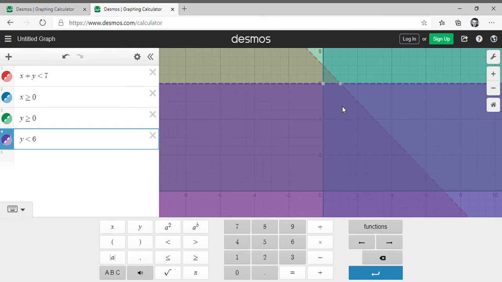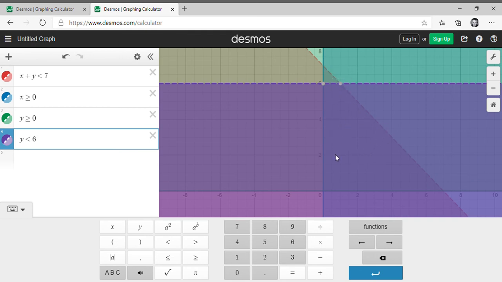Then we will get a new shading that will kind of cut off a little triangle off of the big triangle that we had here. So now the solutions are everything between these 2 points and down the y-axis, down the x-axis, and down this dotted line.